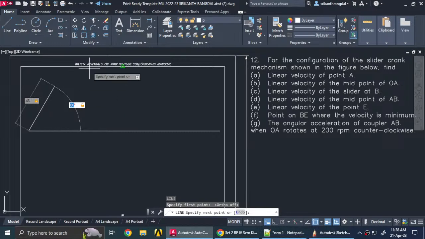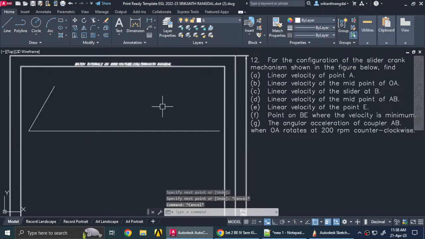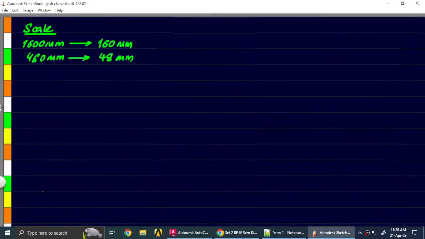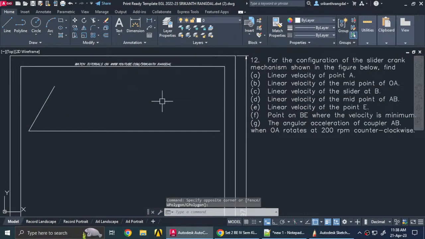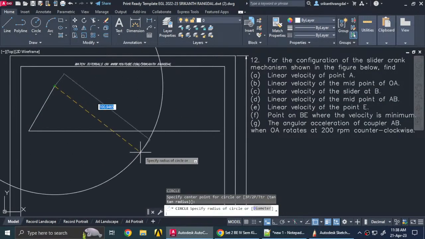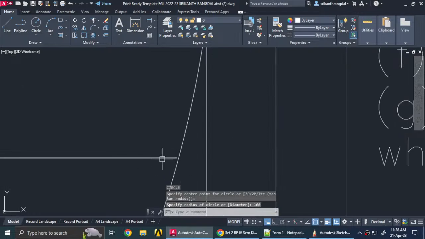Okay, so once you have drawn this, the next step is to mark a distance of 1600 mm from this point. Now you have seen here that when we want to draw 1600, we will have to draw it as 160 mm. So in order to draw 160 mm exactly, we will have to take a circle of that much length. Okay, so that's meeting somewhere here.